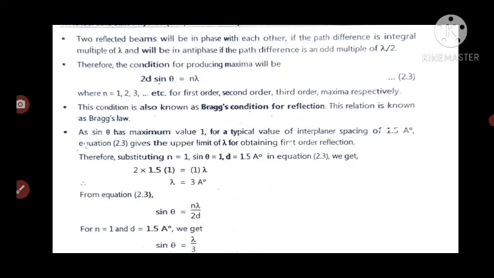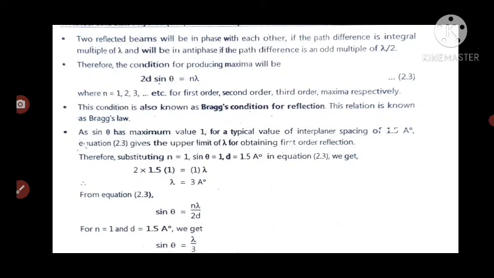Now sin theta has a maximum value of 1. For a typical value of the interplanar spacing d, which is 1.5 angstrom unit, with n equal to 1 and sin theta equal to 1, placing these values in the formula n lambda equals 2d sin theta gives lambda equal to 3 angstrom unit.